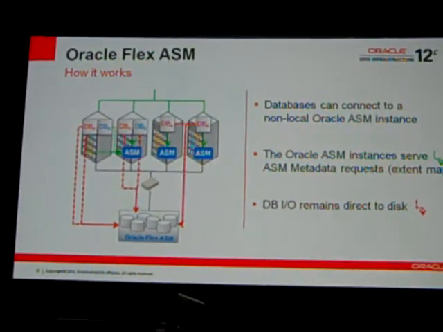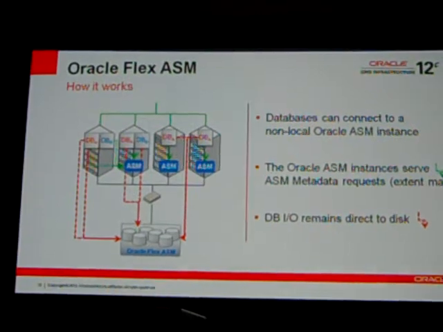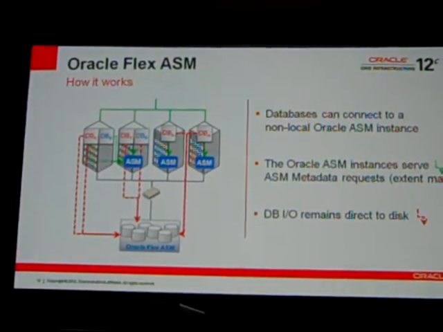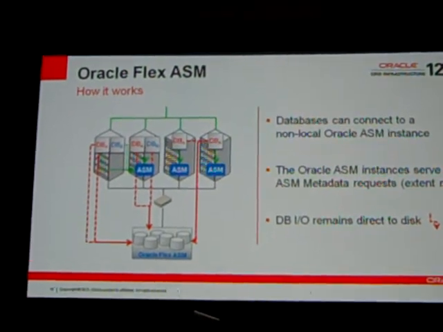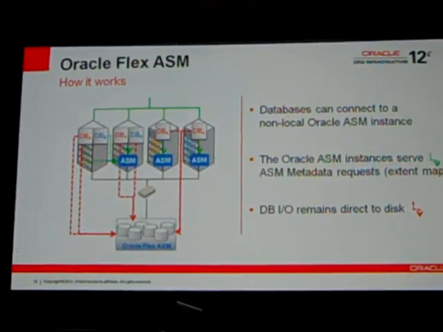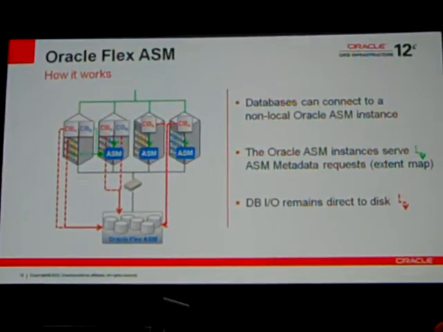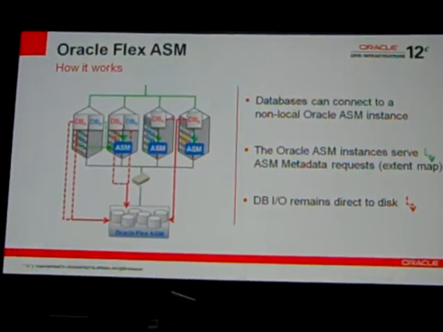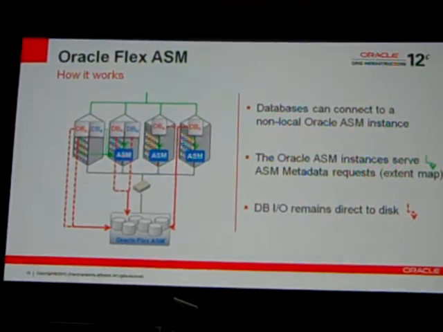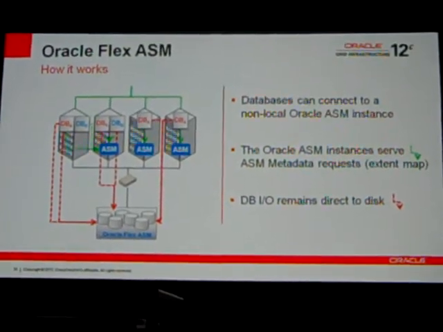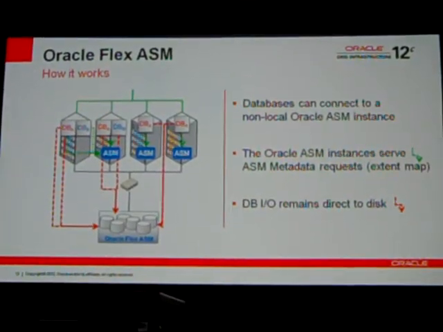Now, when I introduced this slide on Wednesday, I had quite a few people coming around to my demo booth, kindly enough though, asking, well, is it a really good idea to put ASM only on some nodes in the cluster? What happens to my I/O? So maybe I want to make that clear right quickly. A database does not require an ASM instance for the direct I/O to disk.